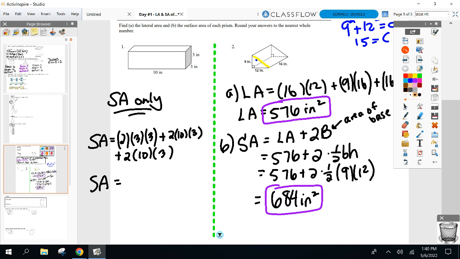So surface area only for a rectangular prism. I just don't know what the heck the bases are to take off. 138 square inches. Looking good.